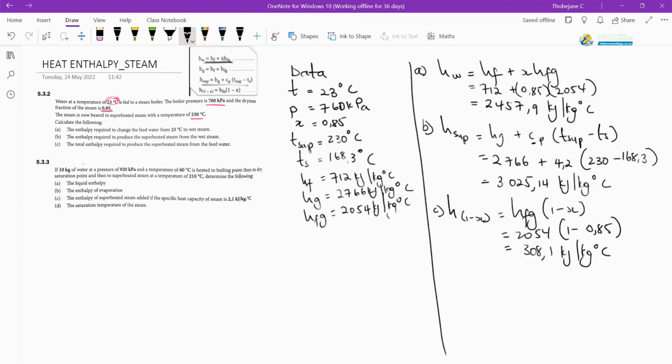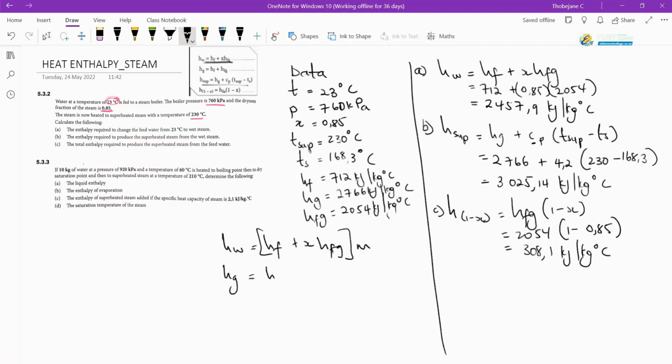Now, please take note of this. You are given HW is equal to HF plus XHFG. This is because we are looking at 1 kg of steam, right? But if we have more than 1 kg, which means that in the statement they give you the mass of the steam to be 2 and above, it means that this equation is going to be multiplied by m, right?